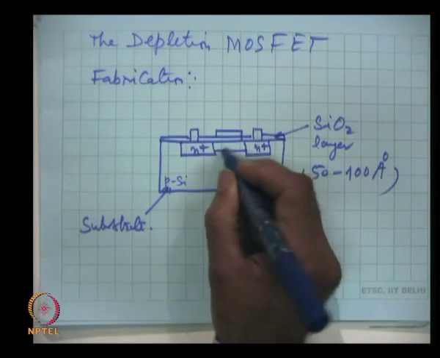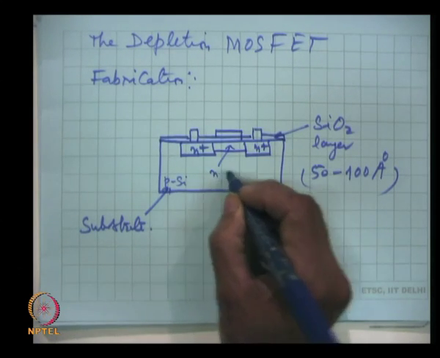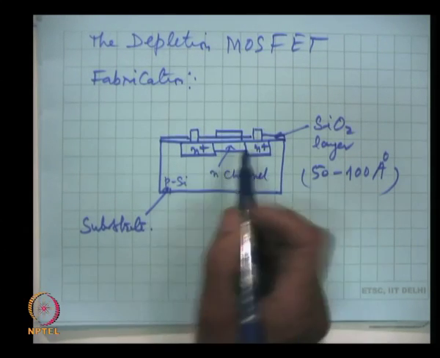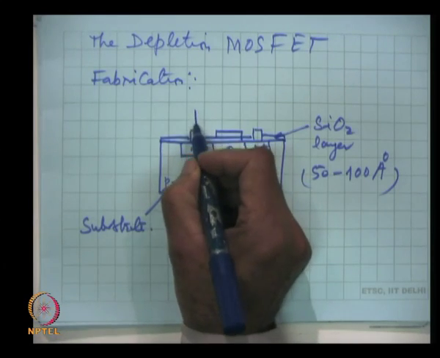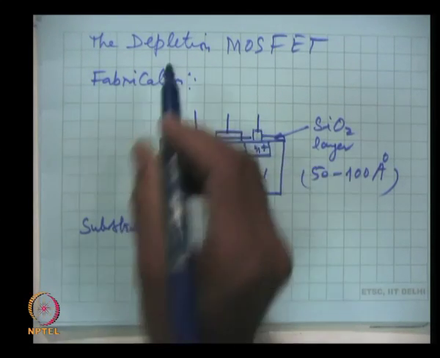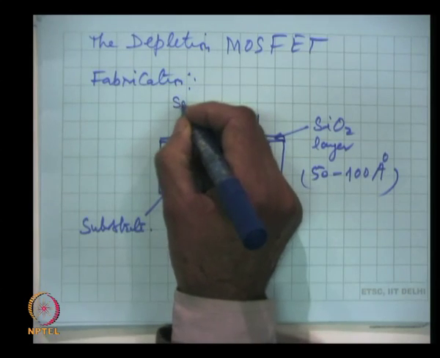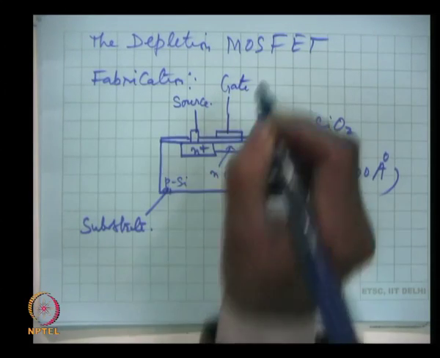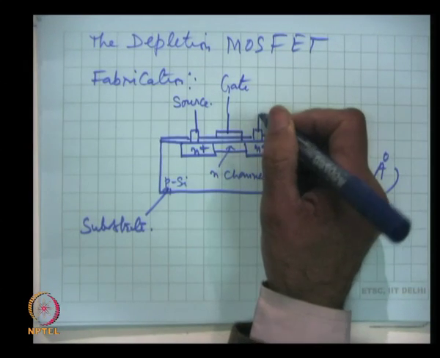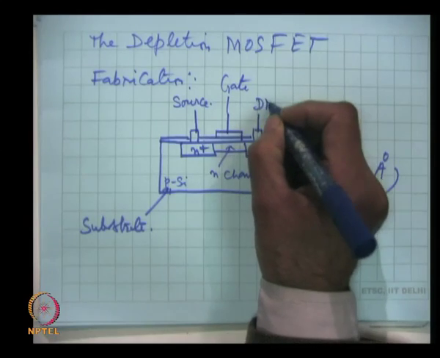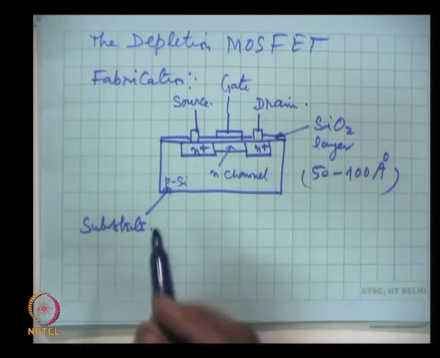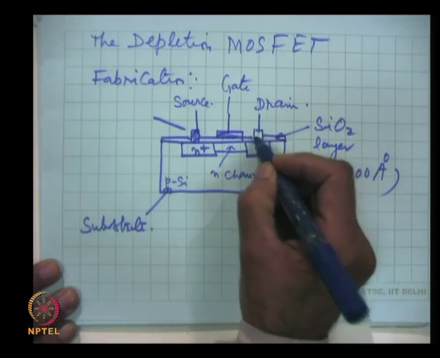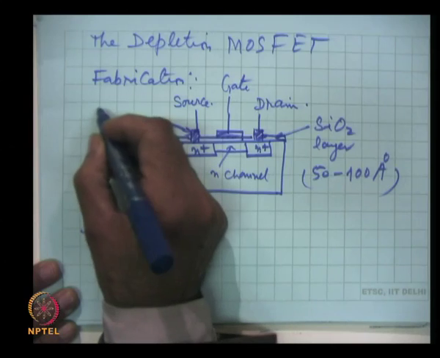This is the N channel, which is implanted, and these are the three electrodes. This is source, this is gate, and this is drain. These are metal electrodes.